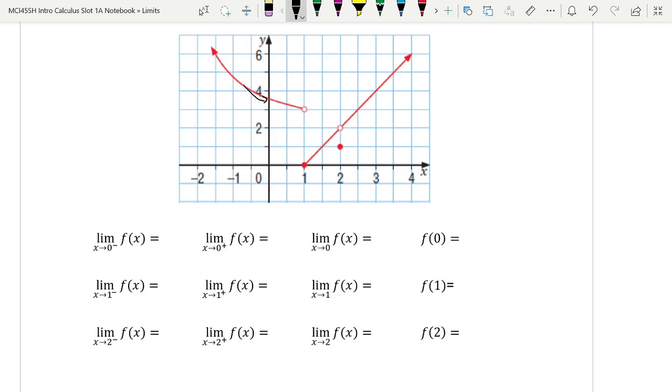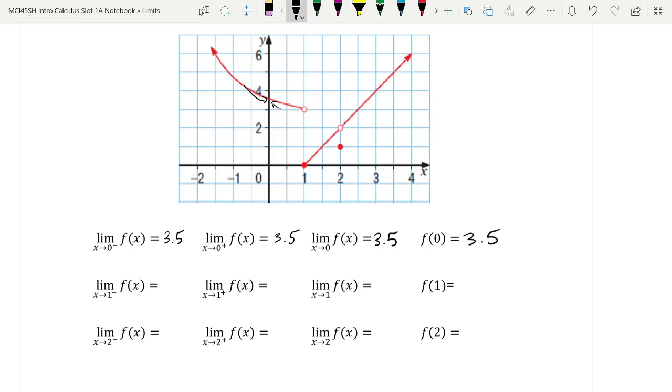I guess that's about 3.5. What about as I approach from the right? 3.5. I mean, it's continuous, right? So the left and right limits agree, so I can say that the limit is 3.5. And f of 0 does look like it is 3.5. If I plug 0 into this curve for x, I get 3.5 for y.